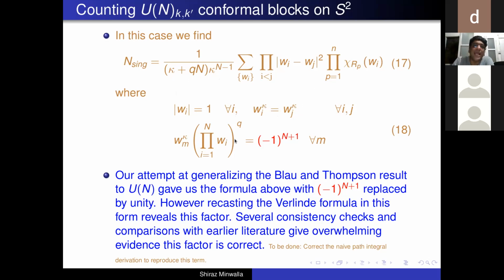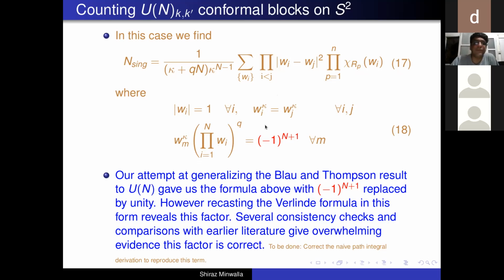But in addition, they obey another condition that replaces the rule that the product over omega_i is equal to 1. There's no reason for the product over omega_i to equal 1 because we're doing U(N) rather than SU(N). But that rule is replaced by the following condition: the product of omega_i to the power q times omega_m to the power kappa is equal to (-1) to the power N plus 1. Now you could ask, for which m is this true? And the answer is it doesn't matter, because if it's true for any one m, it's true for every m.